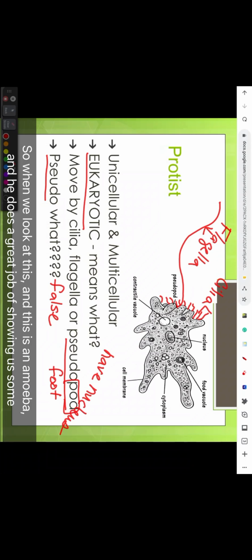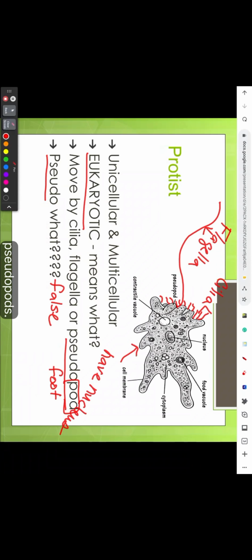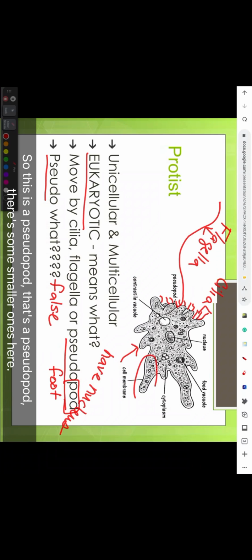When we look at this, this is an amoeba, and he does a great job of showing us some pseudopods. This is a pseudopod. That's a pseudopod. There are some smaller ones here.